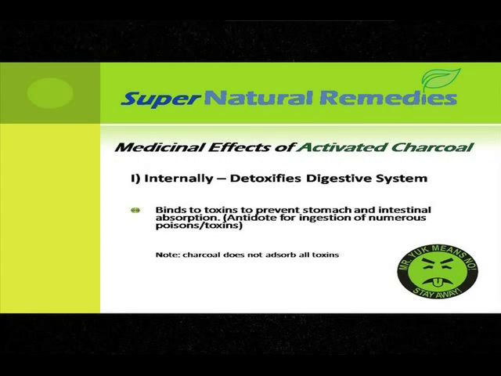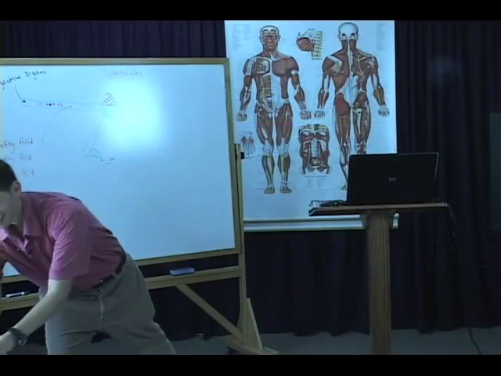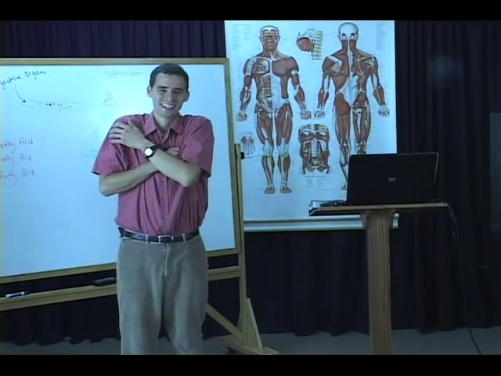Okay, I want to go through some of the specific effects of activated charcoal. One thing that it does is that it binds to toxins. And charcoal doesn't absorb things, meaning it doesn't, like the white blood cells, go and pick this up and eat it up and take it inside.